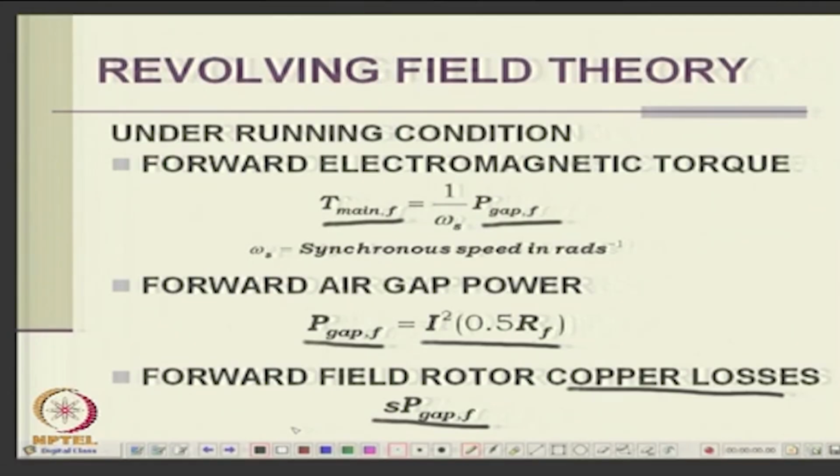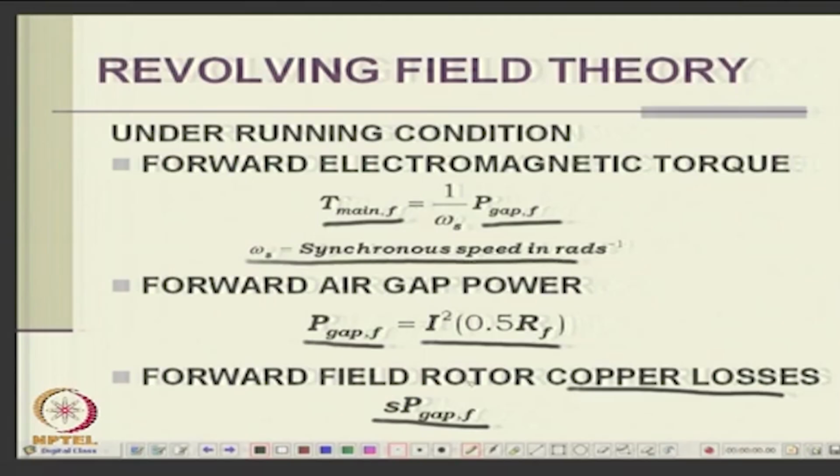Whatever you put in, slip times goes into the losses in the rotor. If you put 100 watts, if it is 1% slip, rotor copper loss will be 1 watt. So, that is the kickback you will give to the rotor, it will take away its share of S, and only the remaining it will pass on to the shaft, is it not, to be used by the outside load. Any problem? And these are things you are aware of.